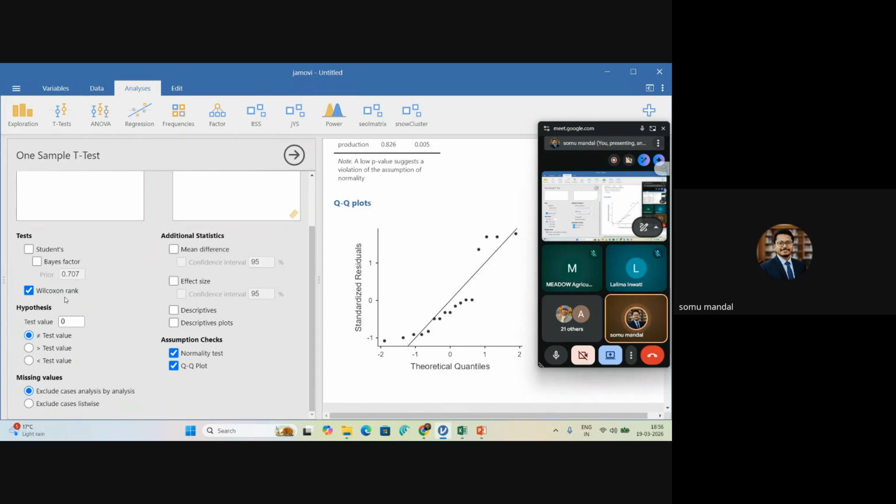Such a Likert scale we use when conducting socioeconomic research or any kind of qualitative research. In that sense, we also consider the non-parametric analysis. So select the Wilcoxon rank test, then the hypothesis. The hypothesis is what? There is a difference.